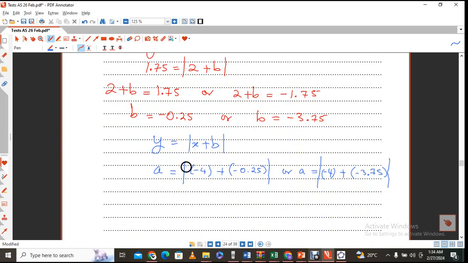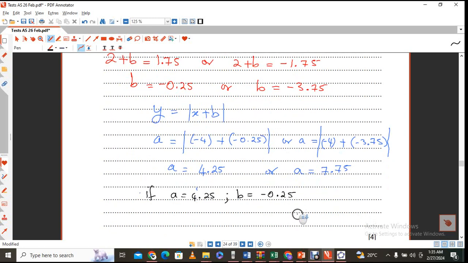Right, so over here you're going to have a equals 4.25, or you're going to have a equals 7.75. All right, so our solutions are: if a equals 4.25, then b equals negative 0.25. That's one solution.